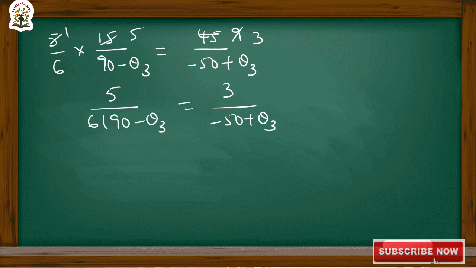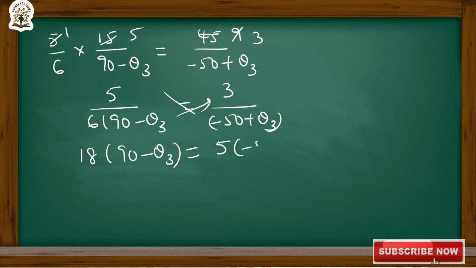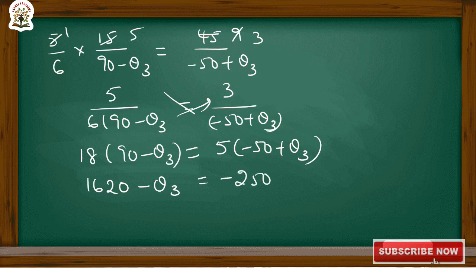Now taking cross multiplication, we get 3 sixes are 18 of (90 minus theta 3) is equal to 5 into (minus 50 plus theta 3). 18 nines are 162. 0 minus theta 3 is equal to minus 250 plus 5 theta 3.